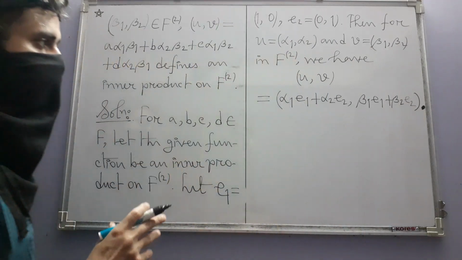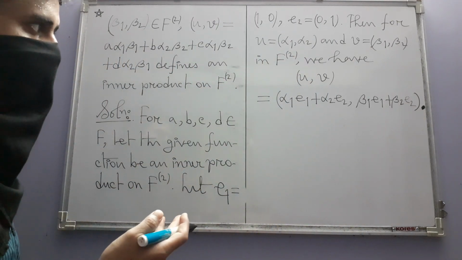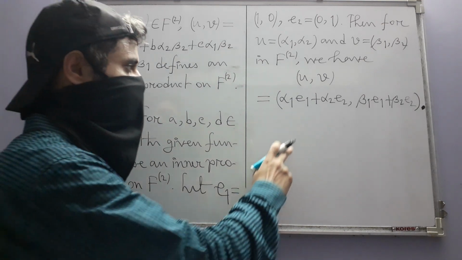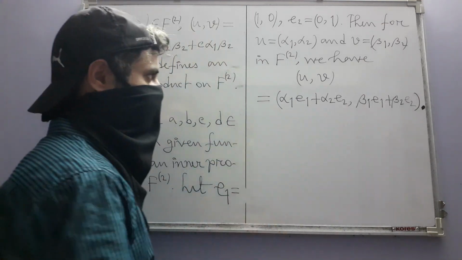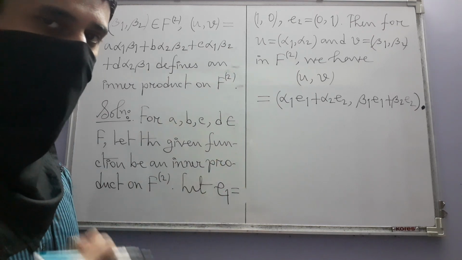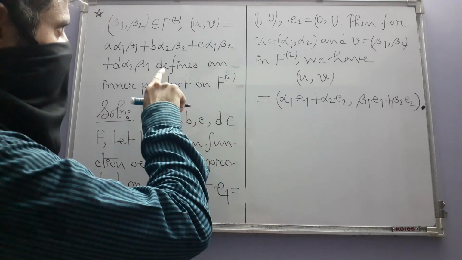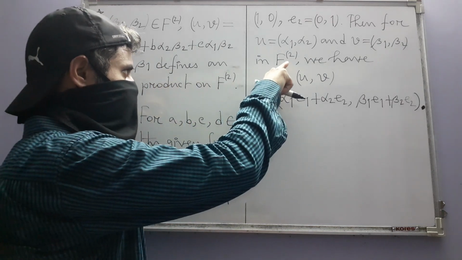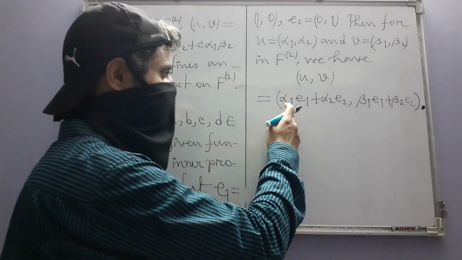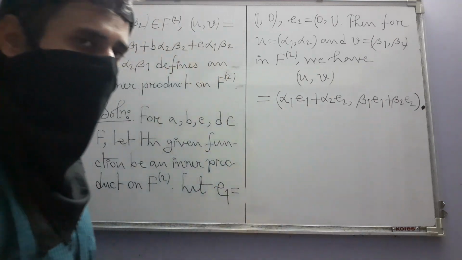Now we use the axiom that gives us linearity of inner product in both the variables. Actually we get conjugate linearity in one of the variables, but because we are in a real vector space, we get linearity in both the components.